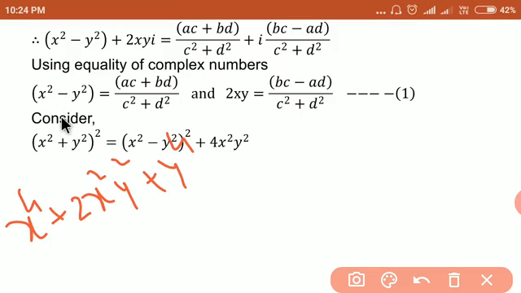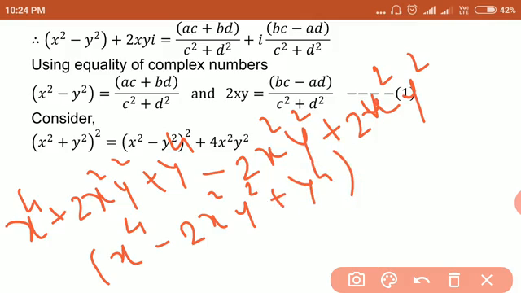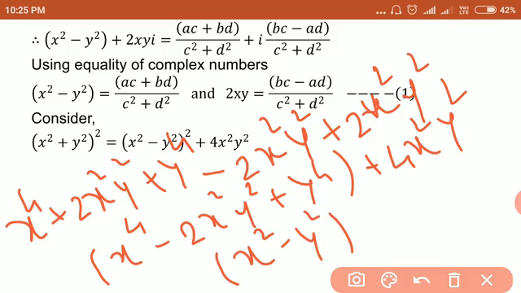So for that I subtract 2x square y square and add the same term 2x square y square. So now if I write the term x raised to 4 minus 2x square y square plus y raised to 4 in one bracket, and here this 2x square y square plus 2x square y square becomes 4x square y square, it means it is (x square minus y square) bracket square plus 4x square y square.